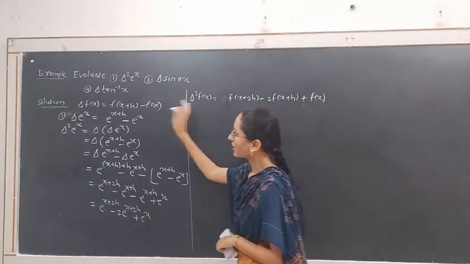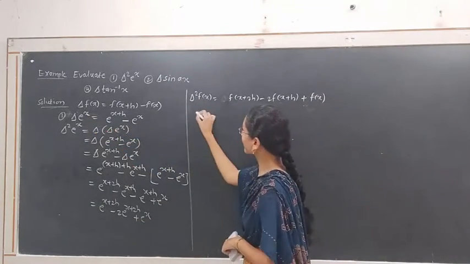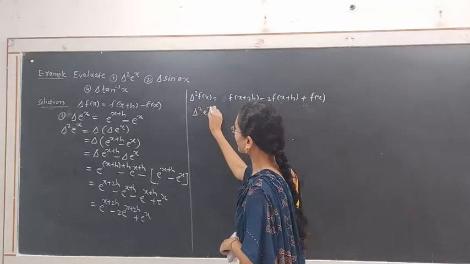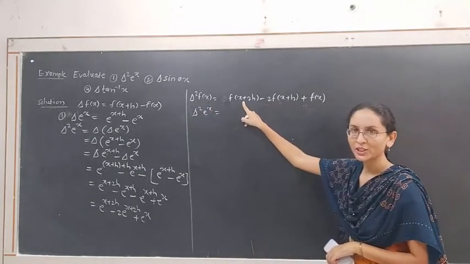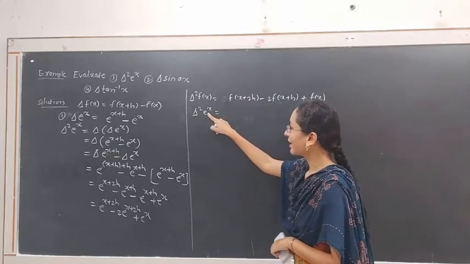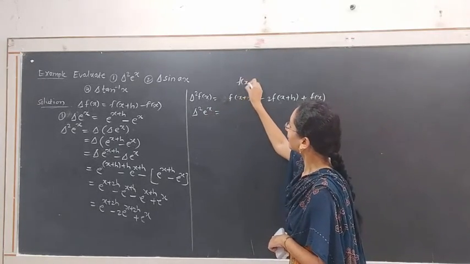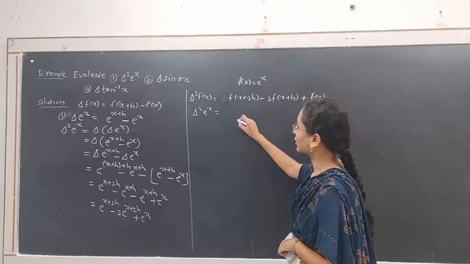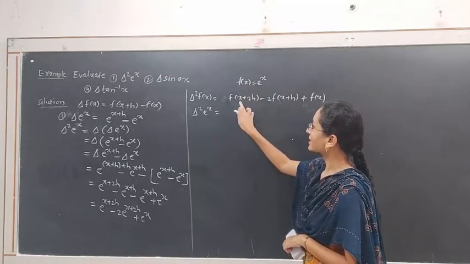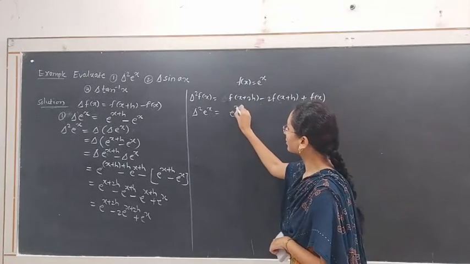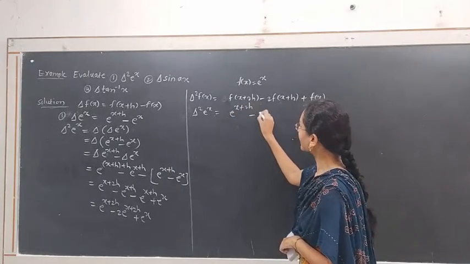We have f of x is e raised to x, hence del square e raised to x is equal to, replace x by x plus 2h initially. Here f of x is the e raised to x function, replacing x by x plus 2h, we get e raised to x plus 2h minus 2.